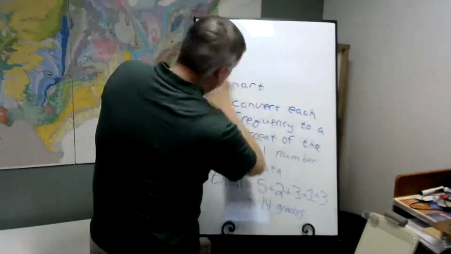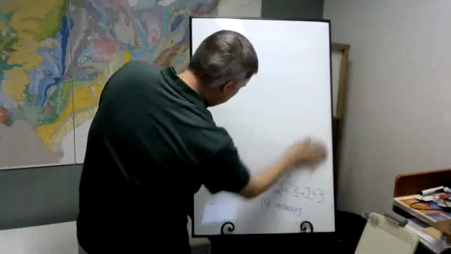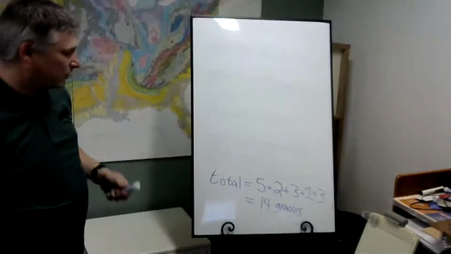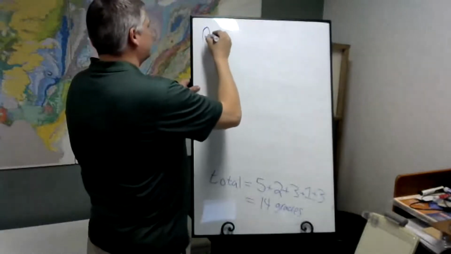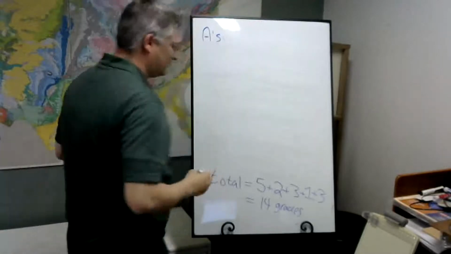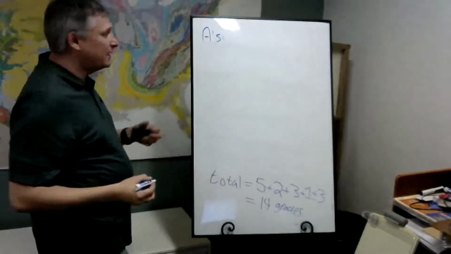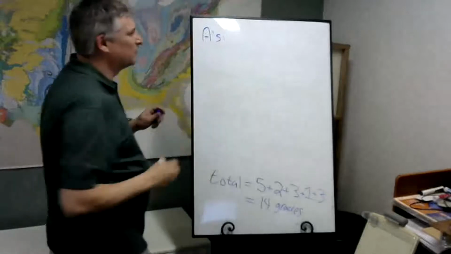Now, we're going to make the conversions. So for A's, we take the number of grades for A's. So I'm going to give you the general formula.